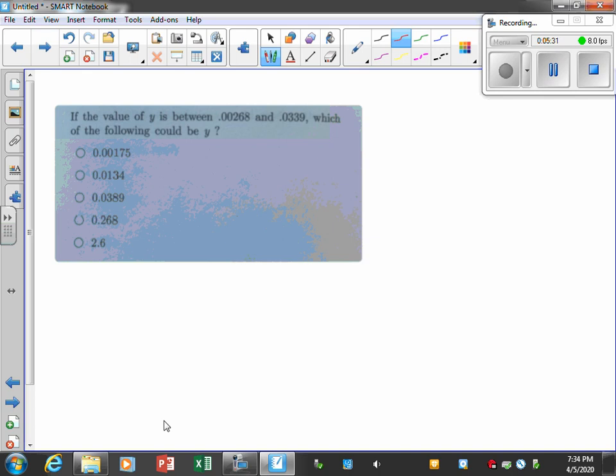If the value of y is between 0.00268 and 0.0339, which could be y? Okay, definitely this one's ruled out because it's bigger than 0.03.